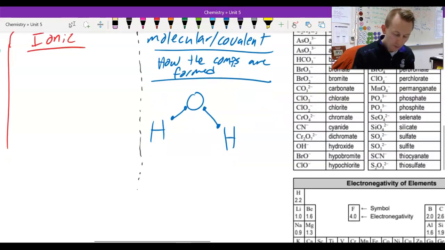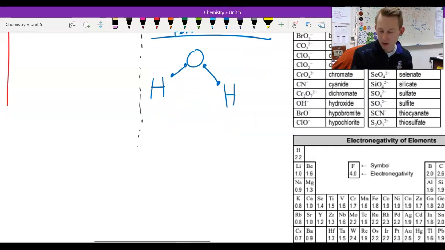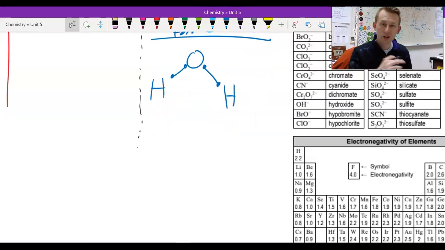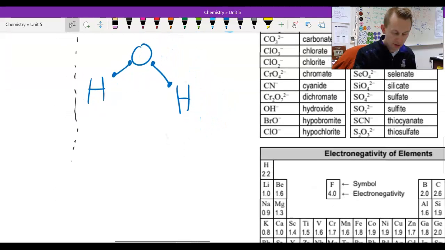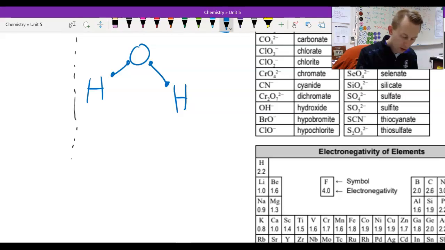Now, when these bonds are actually formed, remember they're trying to share their valence electrons such that they have a full octet. That's really what's going on here. And you can think about it like this. So I'm just going to redraw this picture here to show how oxygen and hydrogen are more or less sharing these electrons.